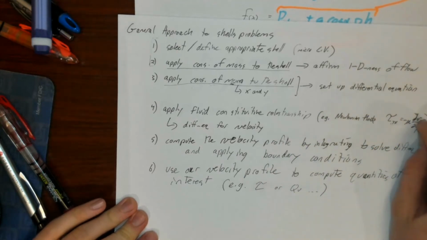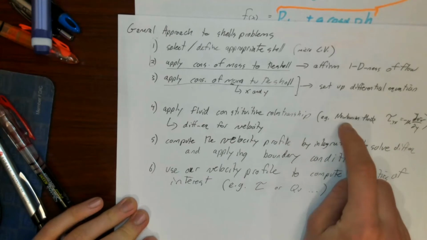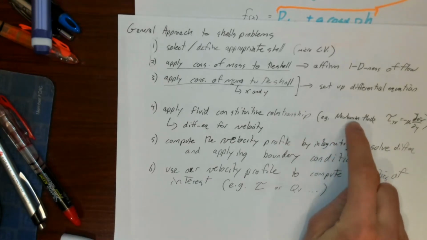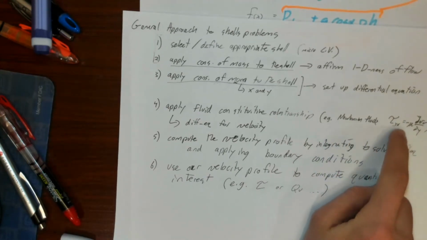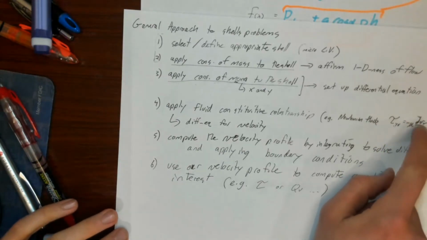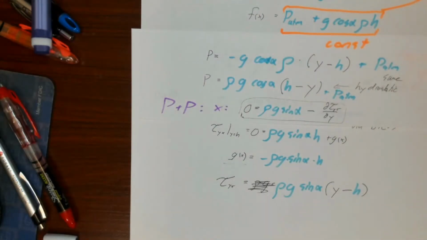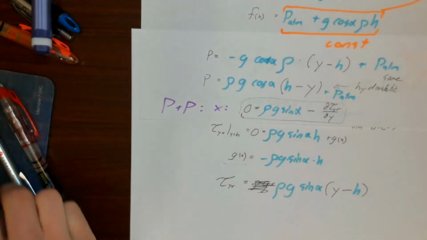But we can start bringing velocity into the mix if we apply some constitutive relationship. So we said we were going to assume that this blood was Newtonian, and if we apply the Newtonian constitutive relationship for fluids, then we'll bring in a differential equation for velocity. So what's that going to look like?